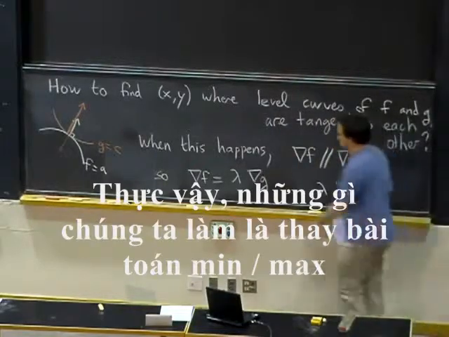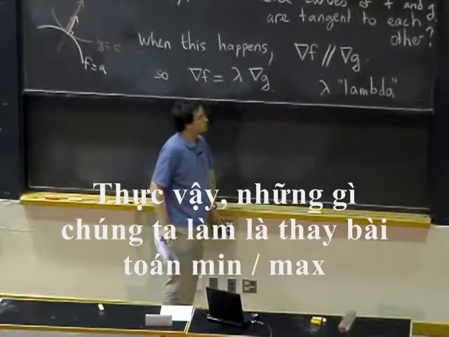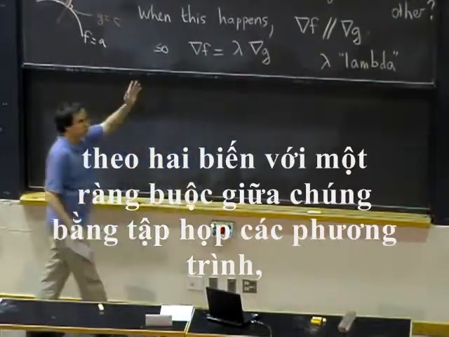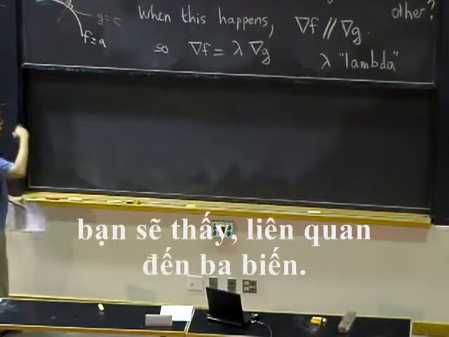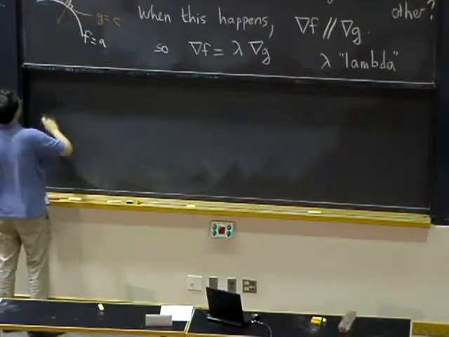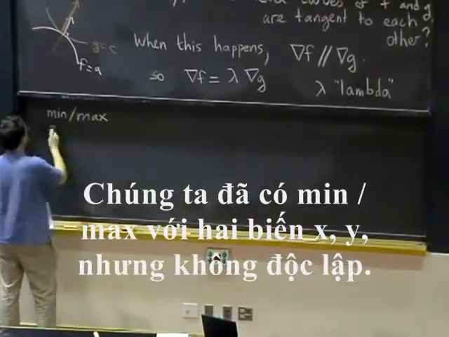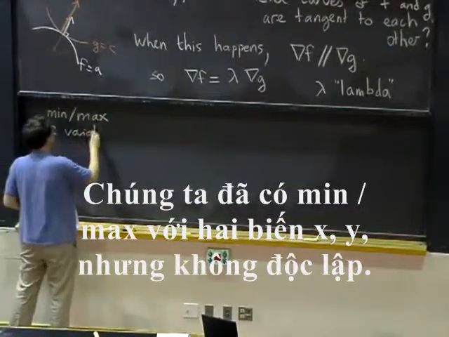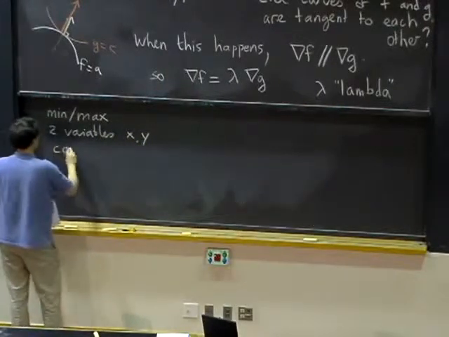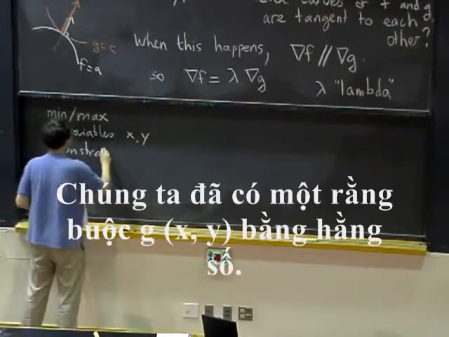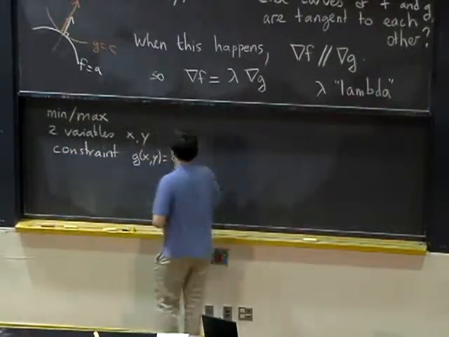So, in fact, what we are doing is we are replacing a min-max problem in two variables with a constraint between them by a set of equations involving, you will see, three variables. So we had min-max with two variables, x and y, but not independent. We had a constraint g of x y equals constant.